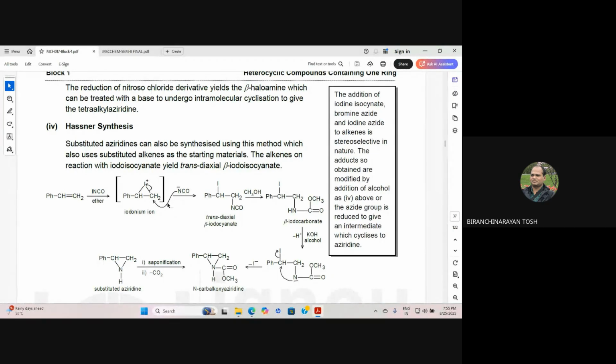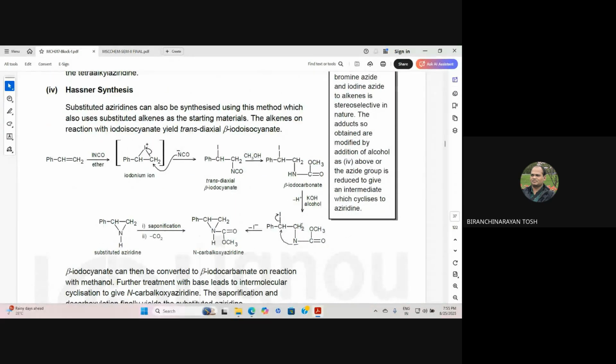The iodonium ion again reacts with the isocyanate, producing the trans-diaxial beta iodoisocyanate. When it reacts with alcohol, ethanol, it gives the beta iodocarbamate, and when treated with alcoholic potassium hydroxide, it produces an intermediate which cyclizes to produce N-carboxyl aziridine.